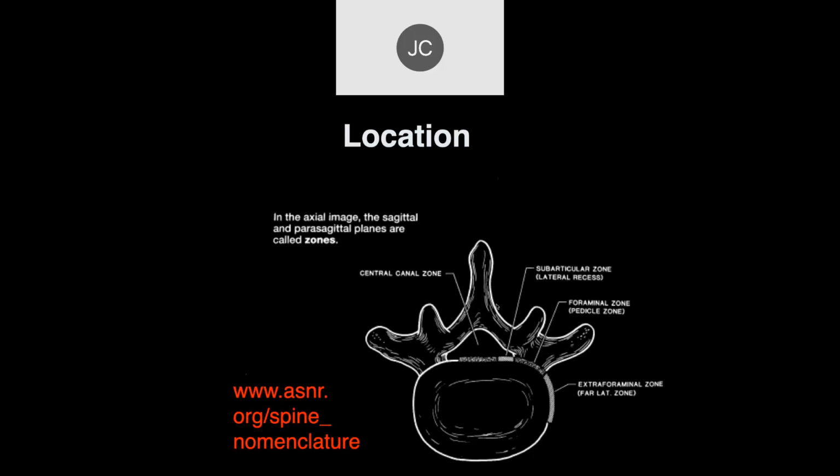So the North American Spine Society suggests central, subarticular, because that's what the surgeon can see. When you get in there surgically, you can see where the articular surfaces are for the facet joints, and it's easier to evaluate where the subarticular zone is below that, and then the foraminal zone, and then the extraforaminal zone.